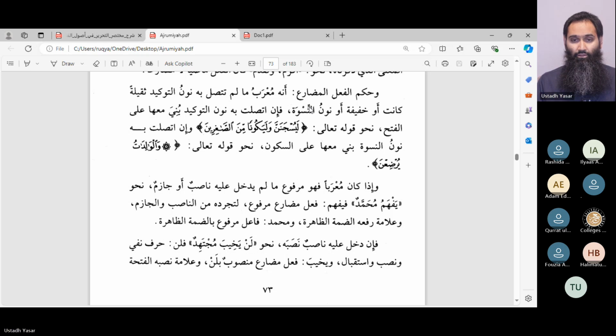So look here, both of these. لا يسجنن. It should be لا يسجن, but it's not. It's in fact mabni upon fatah, the fi'l al-mudari.